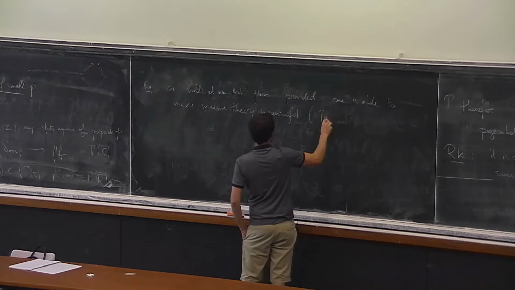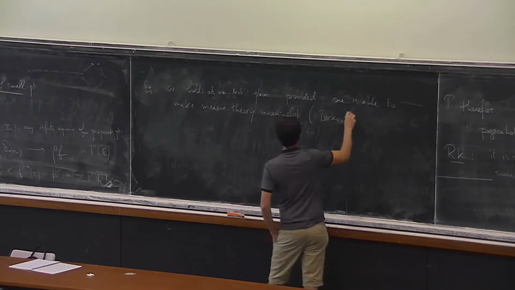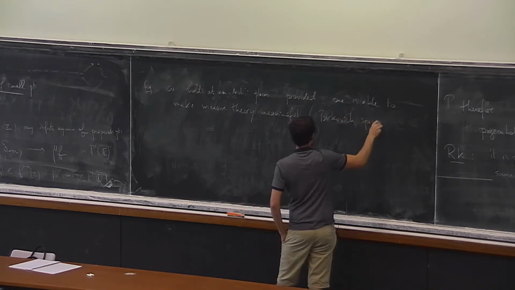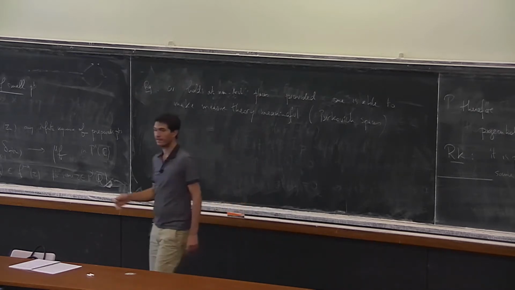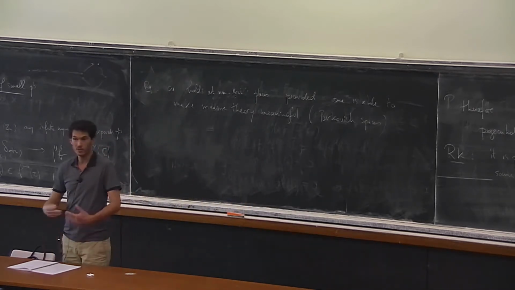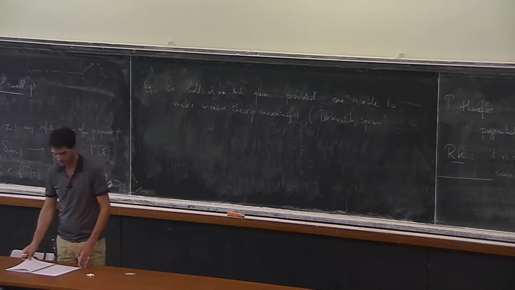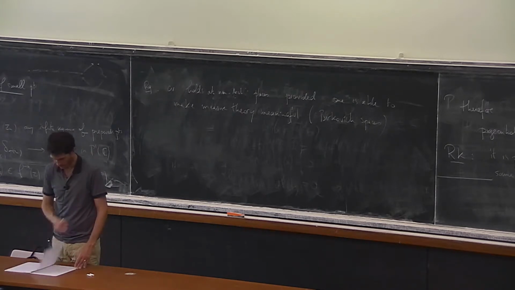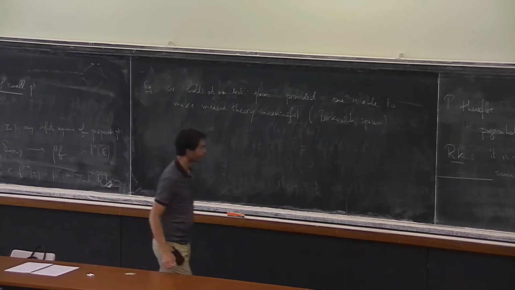And this requires Berkovich spaces. So the convergence is also correct at finite places, but you need to know what a measure is, which requires some technology which I don't want to develop here.